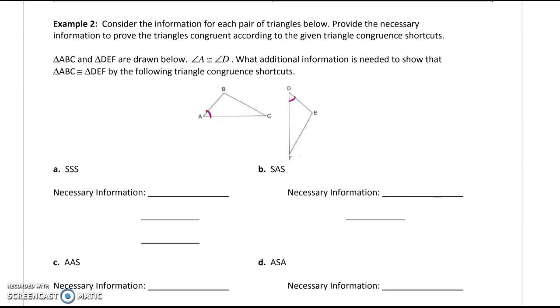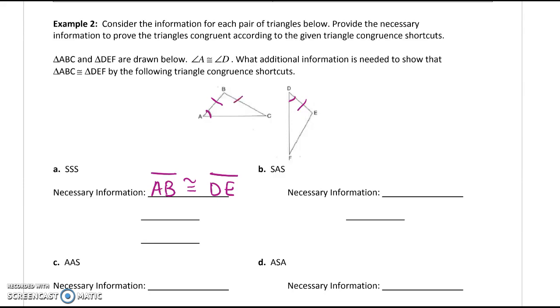In order for these two triangles to be congruent, they want side, side, side. So if they want side, side, side, the necessary information we need is the three sides. Which sides do we need? Well, segment AB is congruent to segment DE.